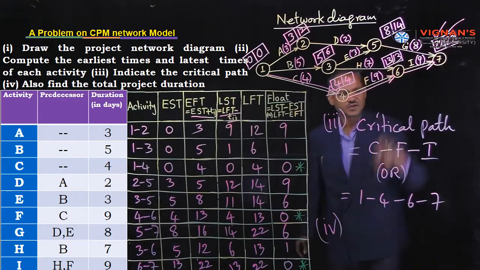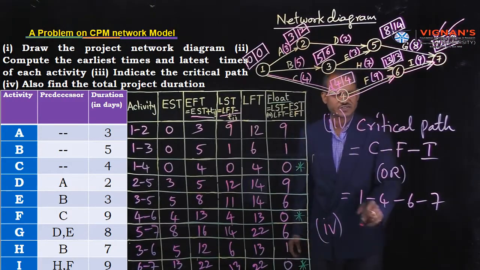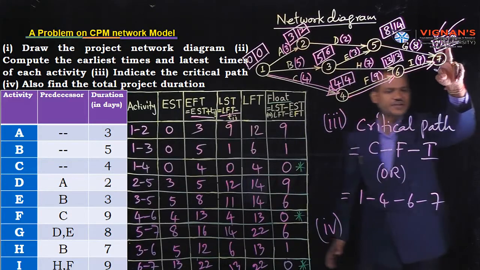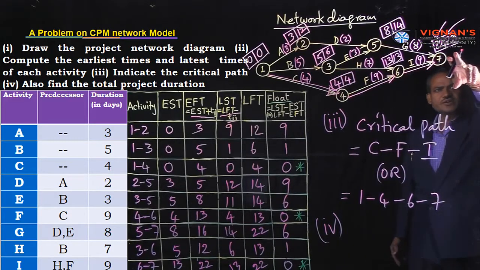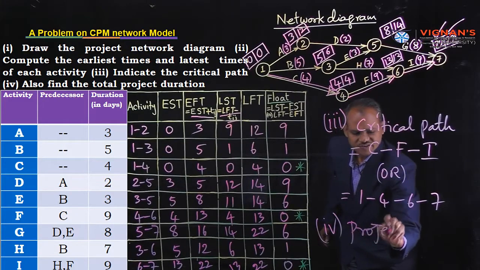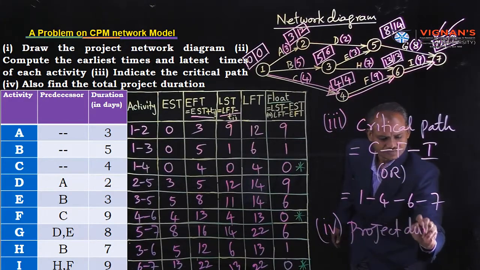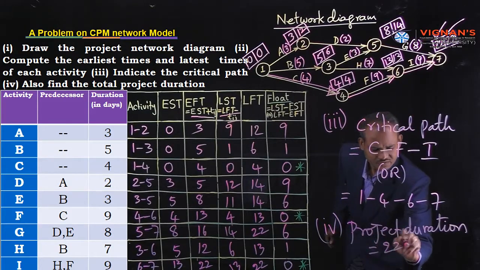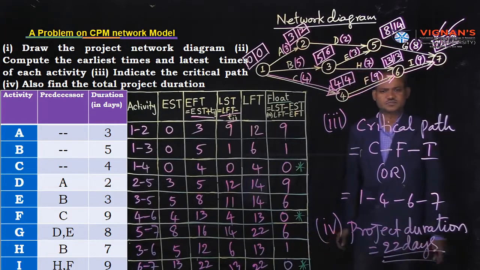This is nothing but the total project duration. In how many days will this entire project be completed? 22 days. So write project duration is equal to 22 days. So this is the answer.